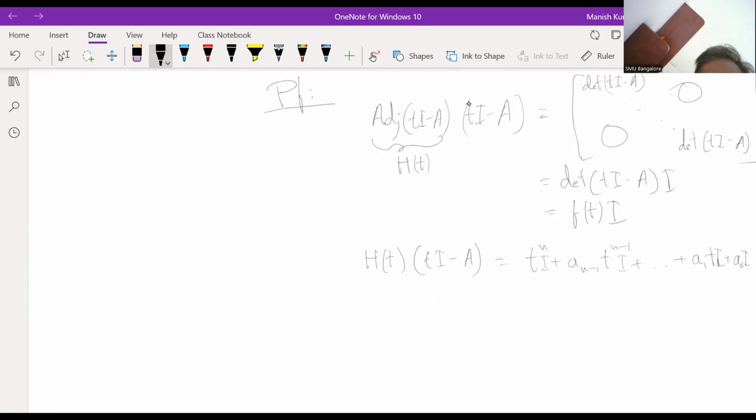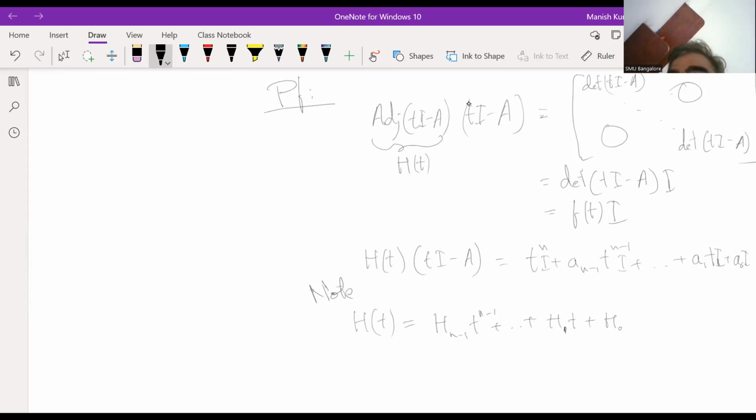So let's write H(t) as a polynomial in t with coefficients. H(t) is going to look like H_{n-1} t to the n minus 1 plus and so on, H_1 t plus H_0.